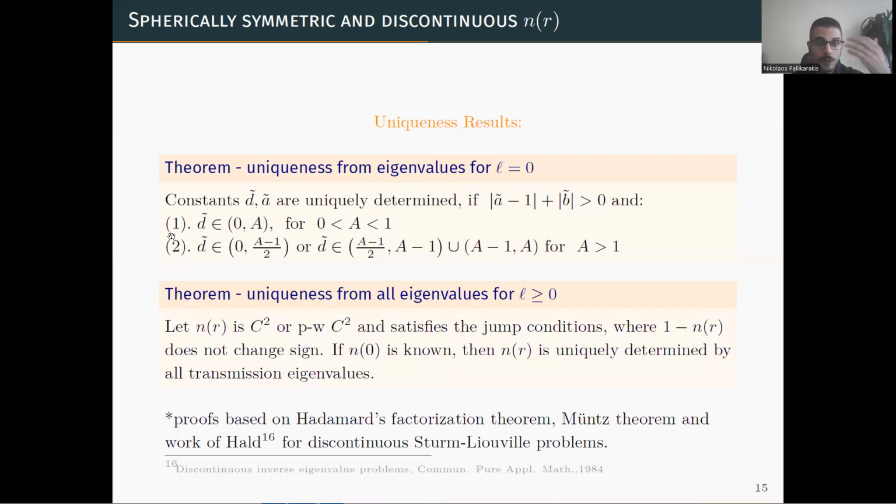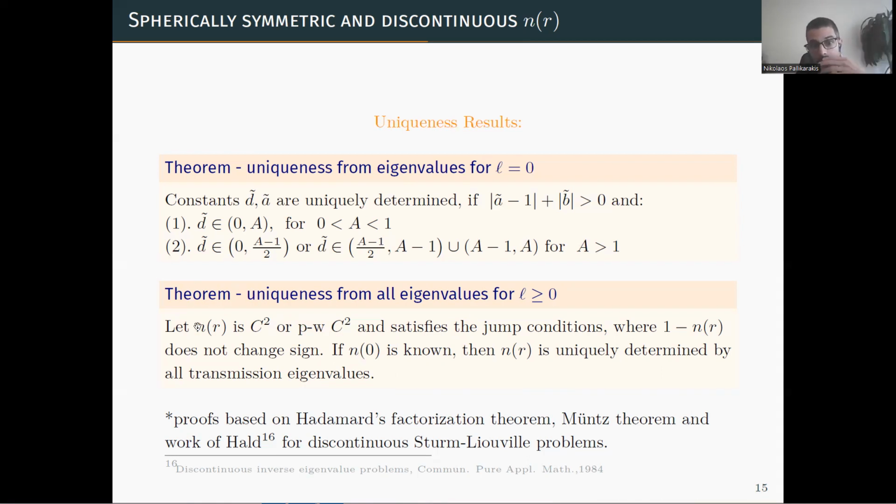Next, using all eigenvalues for all infinite sequences of l, we got the following uniqueness result, that is, the global uniqueness of the problem. It says that for a piecewise C2 refractive index with the jump condition we showed, and if the refractive index is either greater or lower than 1, the refractive index is uniquely determined by the knowledge of all eigenvalues, if the value at the origin is also known.